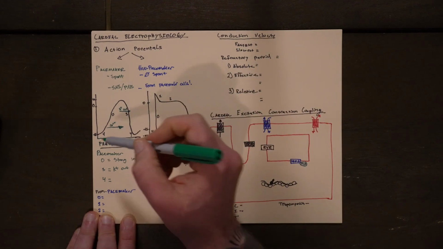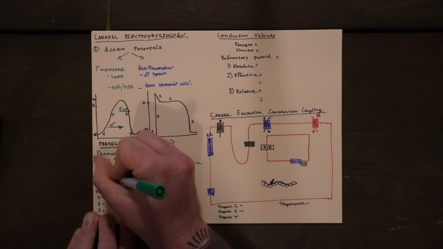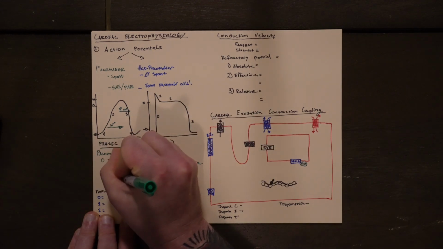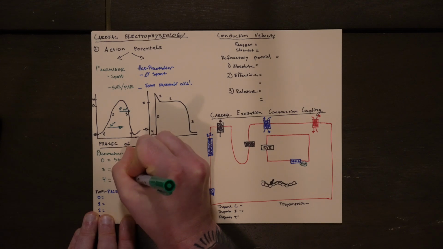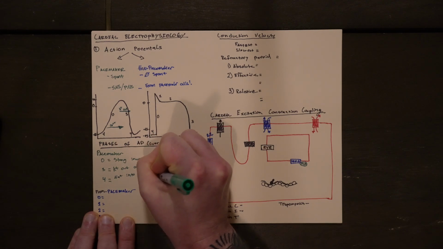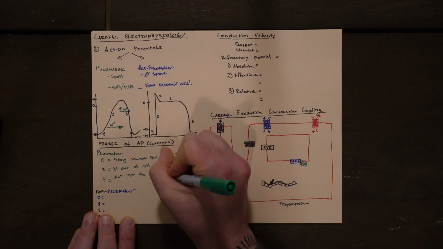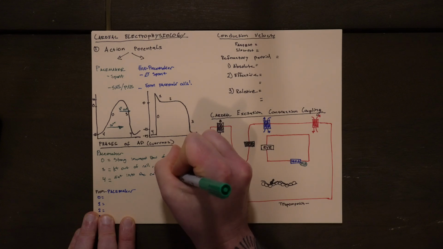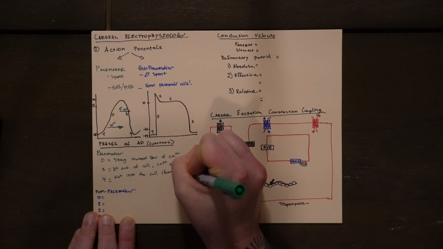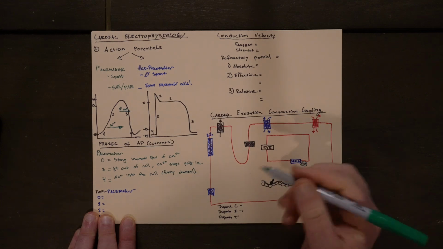So in phase 4 of the pacemaker action potential, we have sodium coming into the cell, right? But it's through something called a funny channel, right? And why is it called a funny channel?